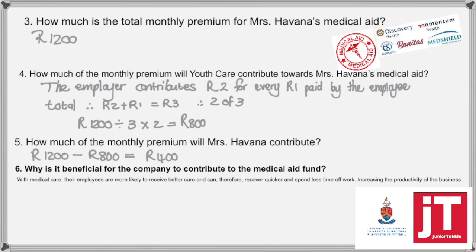So with medical care, the employees are more likely to receive better care and can therefore recover quickly and spend less time off work, increasing the productivity of the business. So technically, this is sort of an investment for the business in their own employees to get the most productive employees and get them less downtime off work, and that's to the benefit of the business.